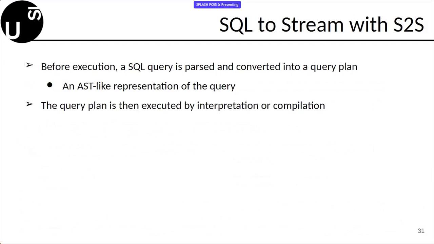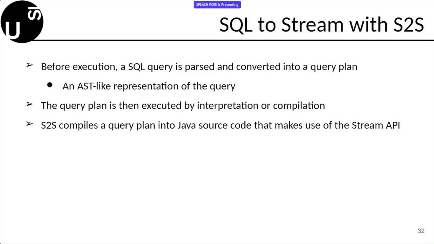Then traditional database systems interpret the query plan exactly like an interpreted language interprets the abstract syntax tree of a program. Modern relational databases are based on compilation. As soon as a query arrives, it is immediately compiled into machine code and evaluated by running the machine code to optimize the performance.